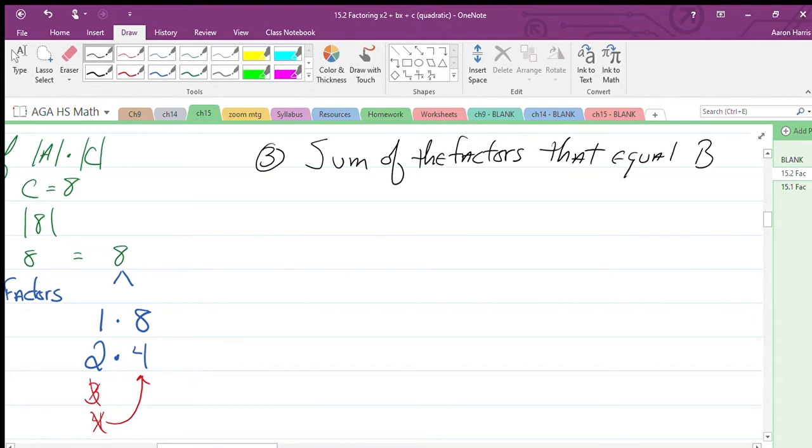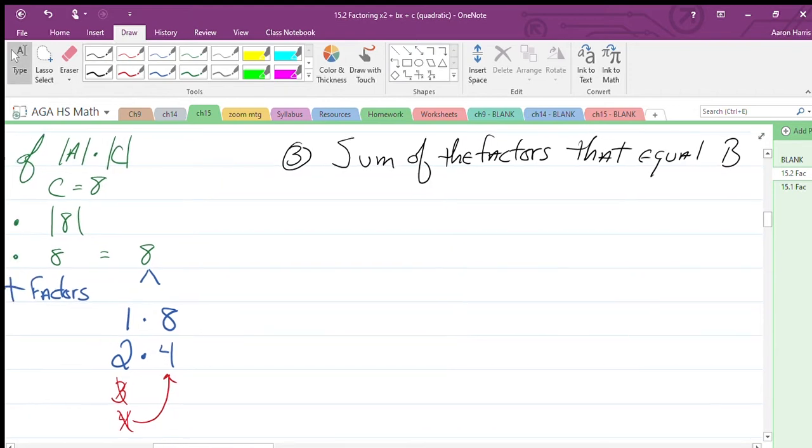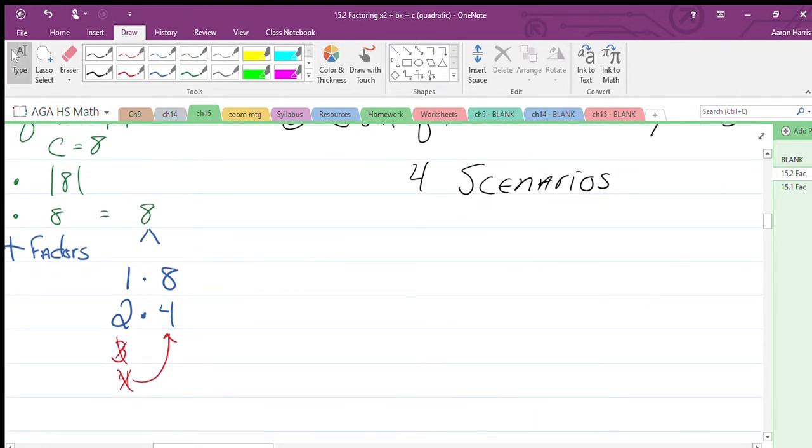So you're like, huh? What does that mean? Okay, so let's look at it. There are going to be 4 scenarios that you're going to see. Okay? And they all break down this way. C will either be positive or C will either be negative. Now with C being positive, that still allows for B to be positive or B could be negative.